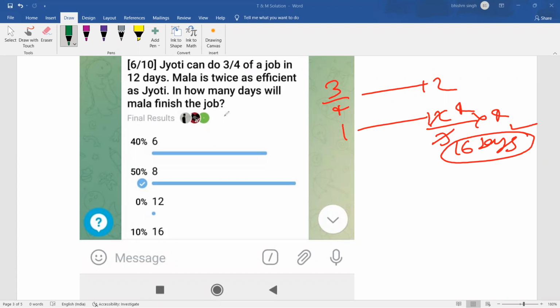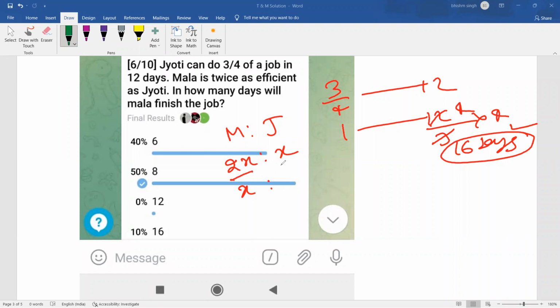Mala is twice as efficient as Jyoti. So I will take Mala and Jyoti here. Mala will complete the work in X days. See everyone, Mala is twice as efficient as Jyoti, so this is the efficiency here.